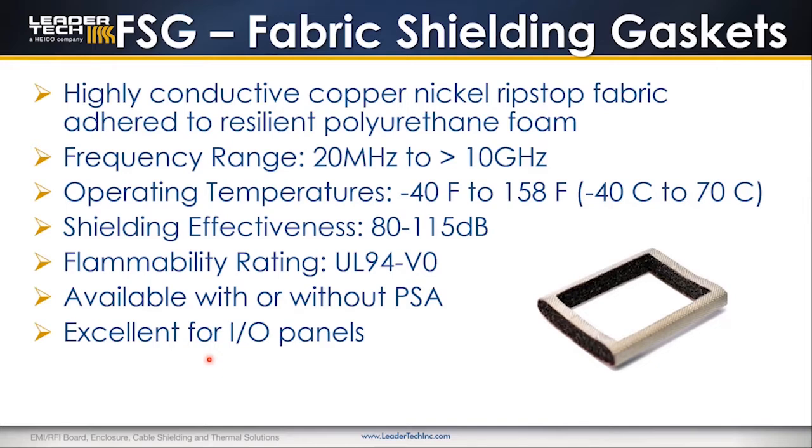We recommend them for frequency ranges from 20 MHz to 10 GHz, operating temperatures from -40 to 158 Fahrenheit, and have measured shielding effectiveness from 80 to 115 decibels. The material has passed a flammability rating of UL 94-V0, and it is available with or without conductive or non-conductive PSAs.